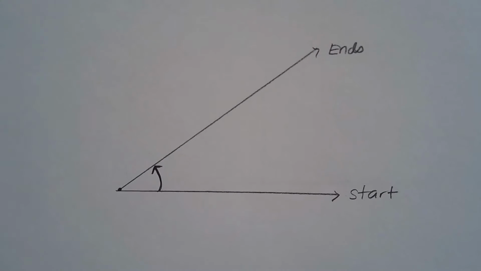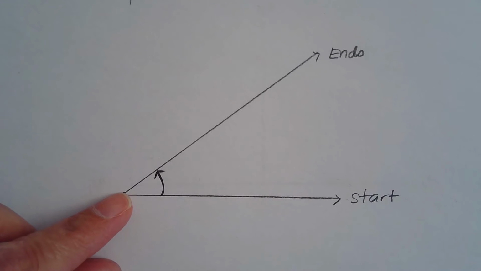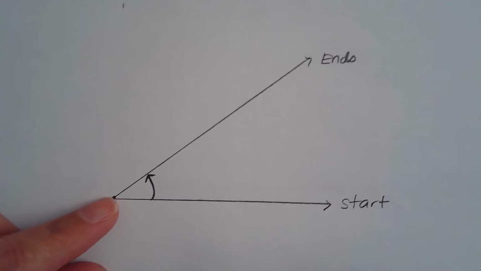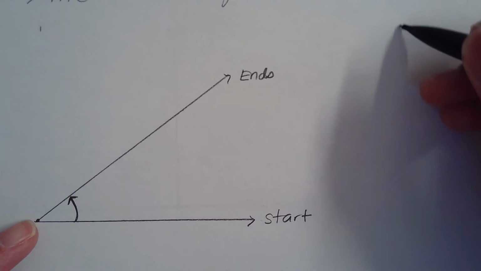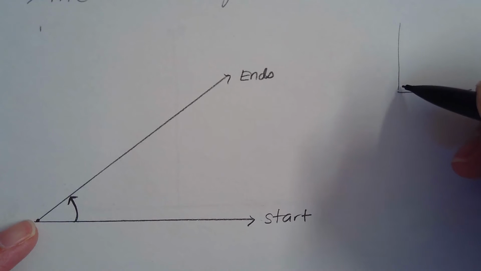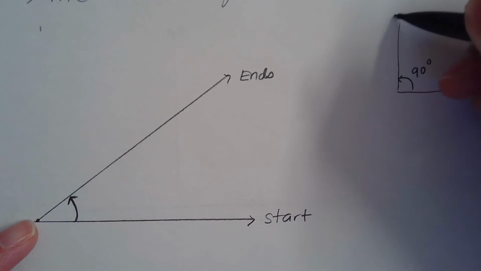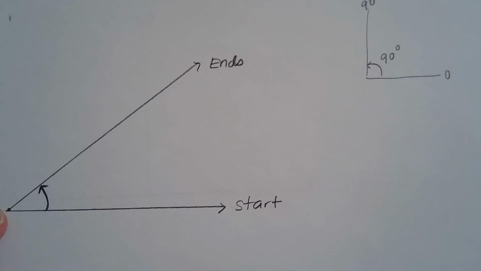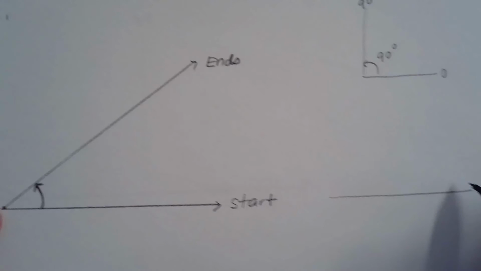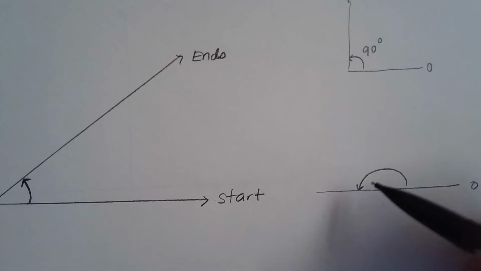If you look at this one, can you make an approximation how big this angle is? Because we said that from here, this is 90 degrees, from 0 to 90. And if we go from 0 all the way here, that's 180.